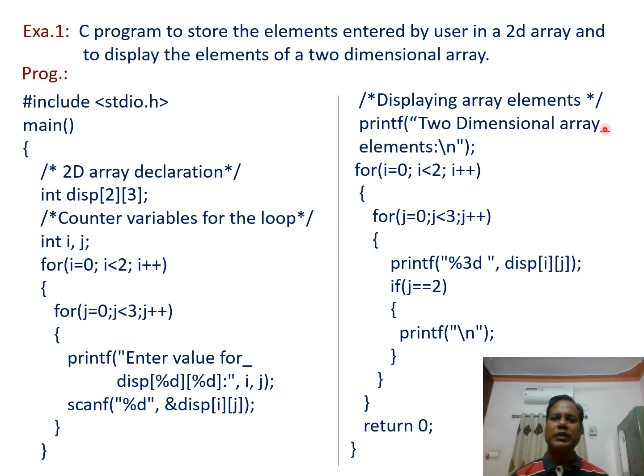So this is printed on the output screen, where again using the nesting of two for loops, we display each element of the two-dimensional array. Let us see: for i equal to 0, i less than 2, i plus plus. Again in a similar way to the way we took all the values, we have to display the values.